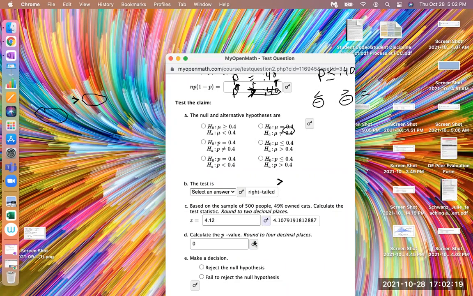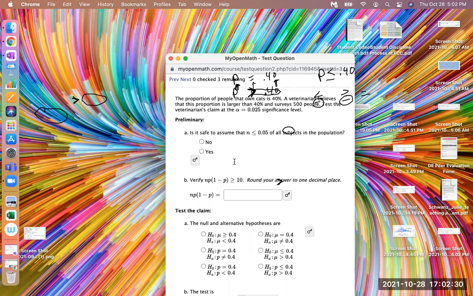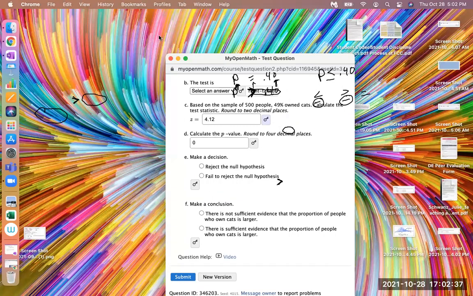Let's double check these answers. Yep, right on. Okay, so Michelle, now that we see our p-value and we actually know that the alpha is 0.025, let me write the actual p-value and let's compare it to the real alpha. This is the alpha, this is the p-value.